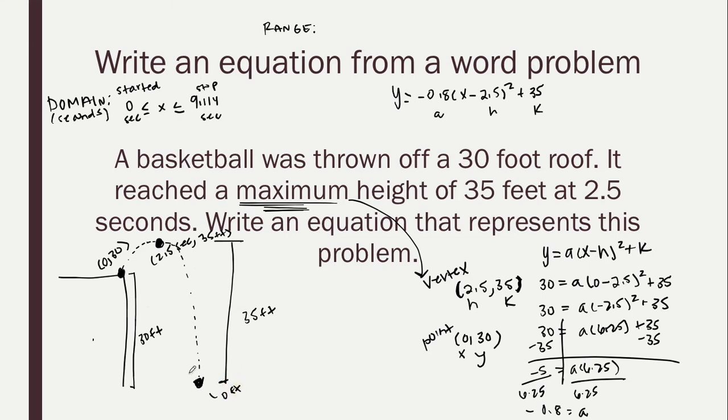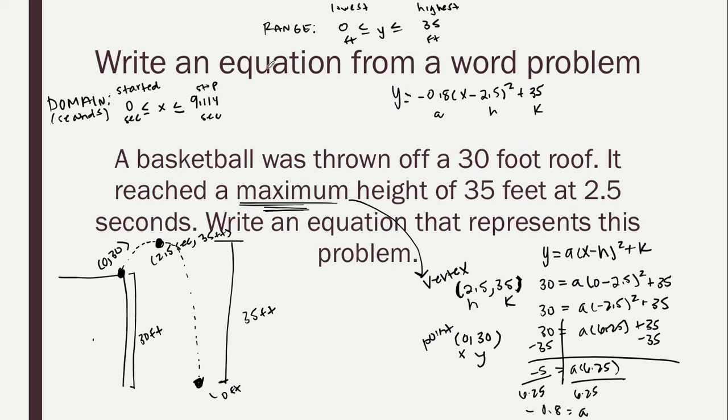What's the highest the basketball was at? 35 feet. So the lowest my basketball was at was 0 feet. And what's the highest point my basketball was at? 35 feet. So my range will be everything between 0 and 35. 0 is less than or equal to y is less than or equal to 35.